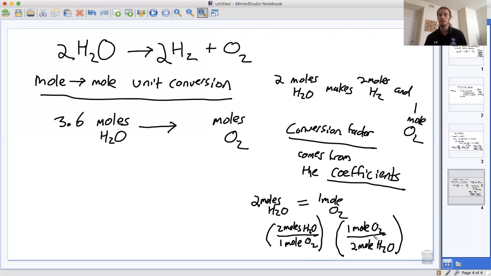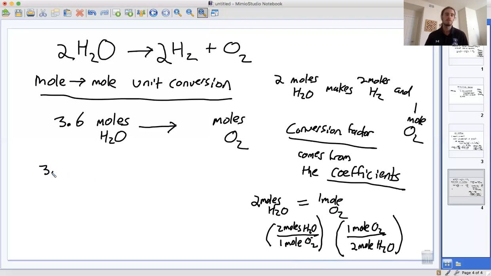These are both ratios. In this case, it's water per oxygen. In this case, it's oxygen per water. They're just flipped, right? And so these ratios are conversion factors. So I can use one of these to convert from moles of water to moles of oxygen.